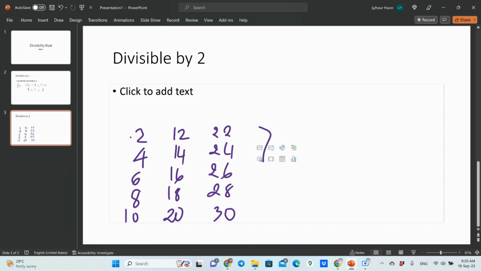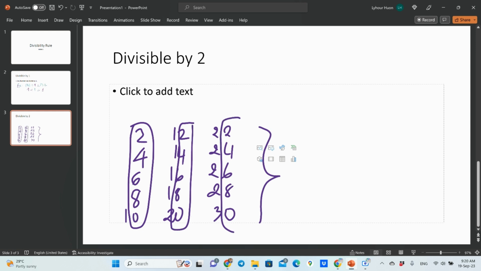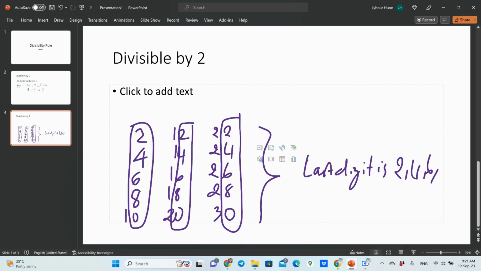Now, do we see the pattern here? The pattern we always see is 2, 4, 6, 8, 0, 2, 4, 6, 8, 0. When the last digit is an even number, 2, 4, 6, 8, or 0, it is always divisible by 2.